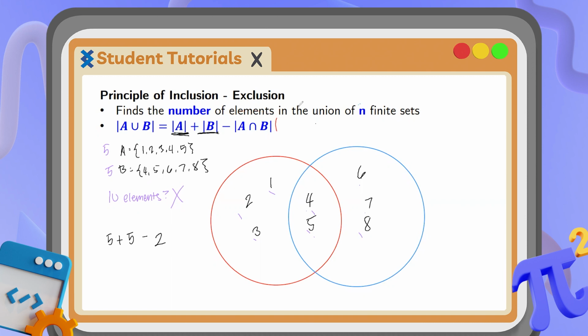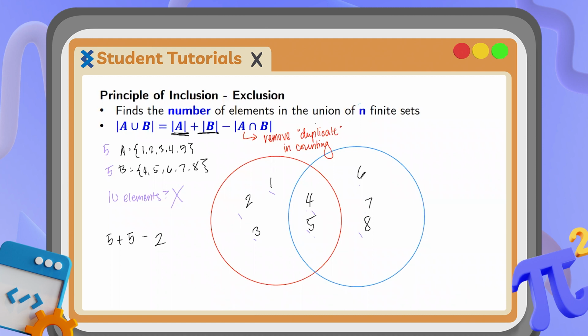The subtraction of the cardinality of A intersection B is crucial to remove the duplicate counting when counting the number of items in the union of the sets.